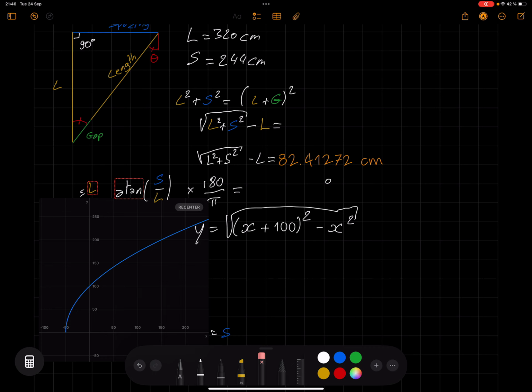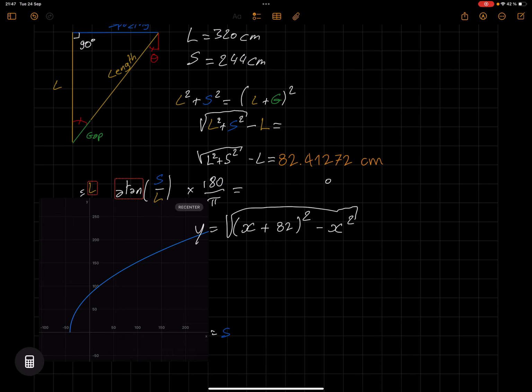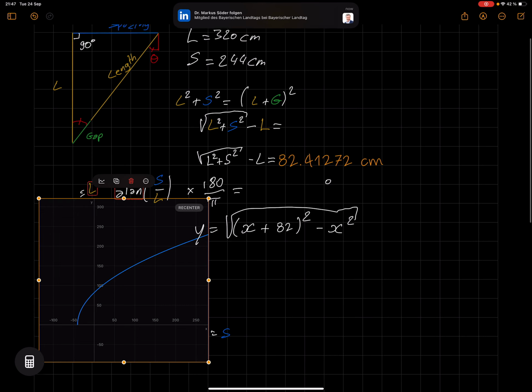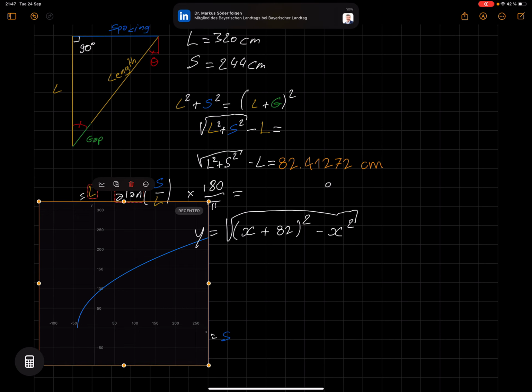So coming back to this gap, let's say we take a gap at 80, 82 like before. So if we keep this minimal gap but have another spacing, here we have a spacing at 200.